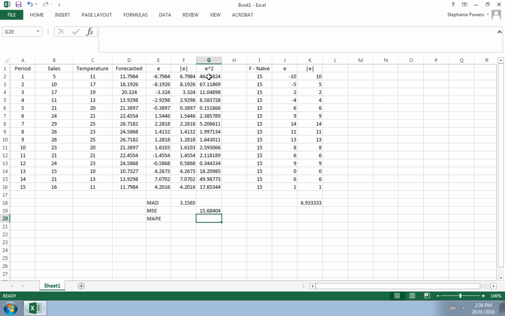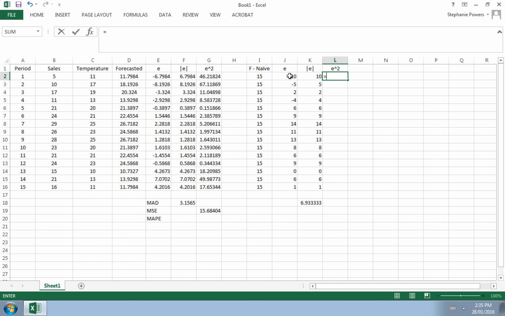So let's compare the mean squared error for our associative model to the mean squared error of a naive forecast where we assume our sales will be 15 every day. So again, let's create another column. We'll call this E squared.